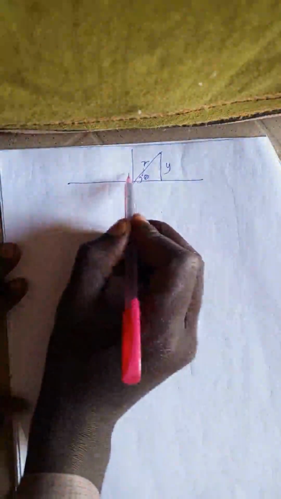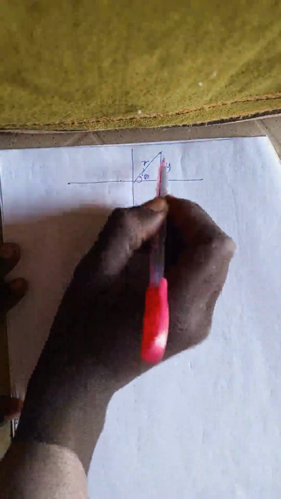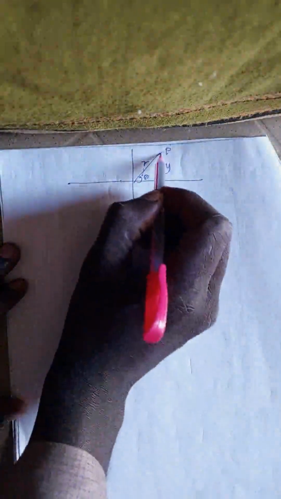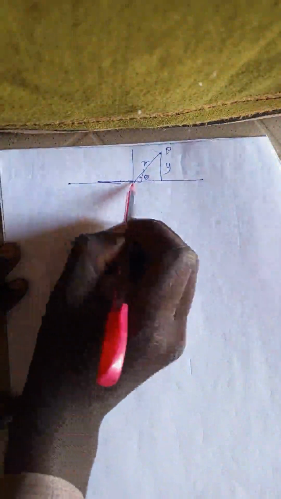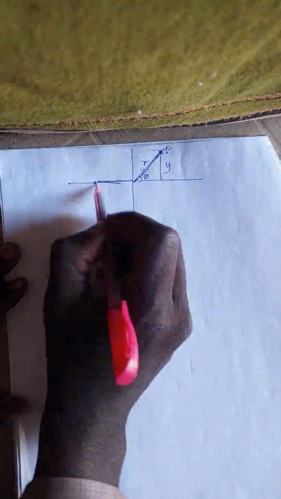But what happened? 180 degrees is somewhere here. So it means the point P will come and submerge the terminal line, which is r, the radius. The point P will be here on the negative x-axis.